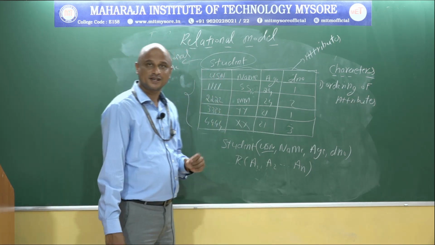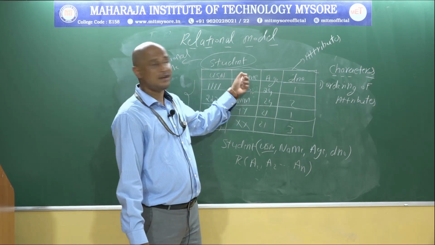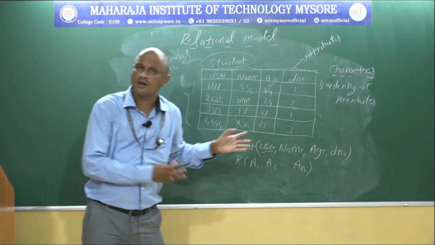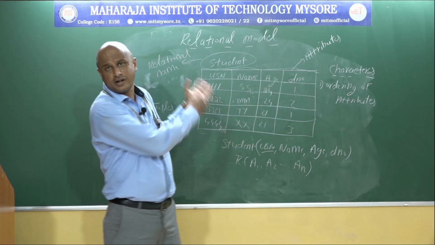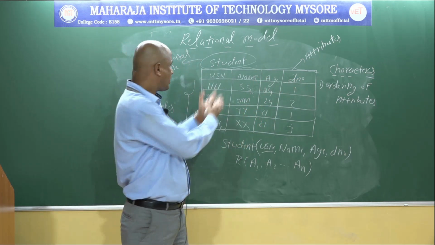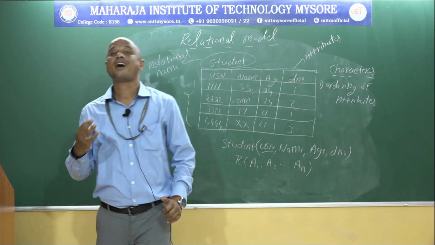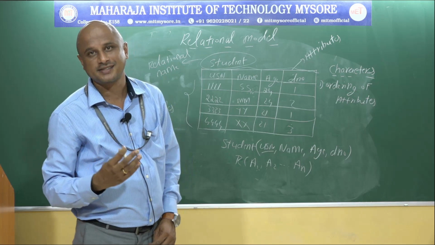Ordering of attributes means, for example, USN, name, age, department number. Why is USN written first? Why can't I write name first, or age first? No, it depends upon the domain, the requirement of a particular domain.